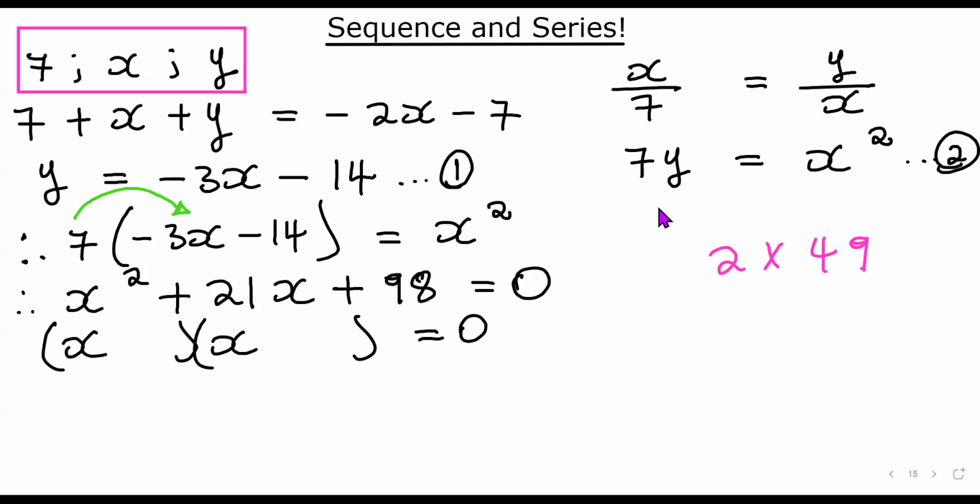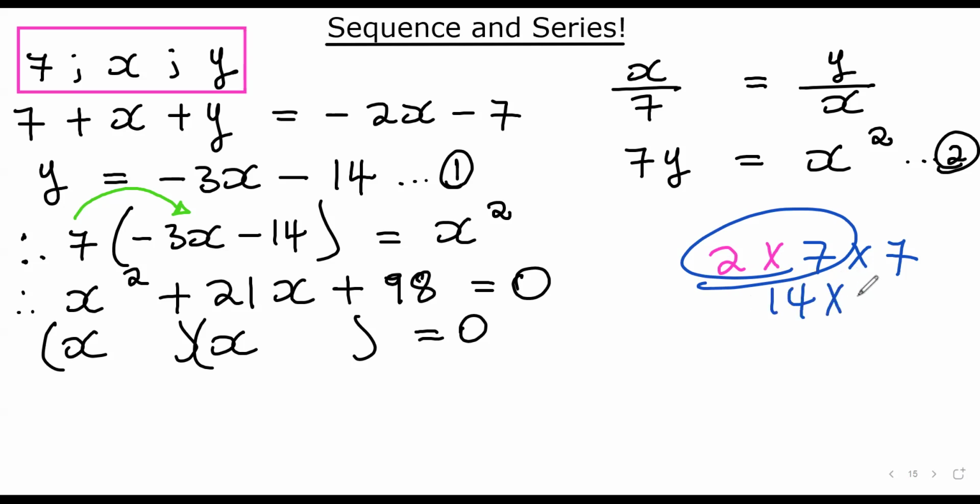So which other factors of 98 can we find here? Well, this 49, we can write as 7 by 7. So what about 14 by 7? Is it really a good combination? Well, if you say 14 plus 7, you do get 21. So you can choose to write this as 14 times 7.